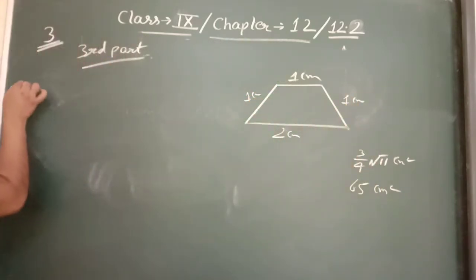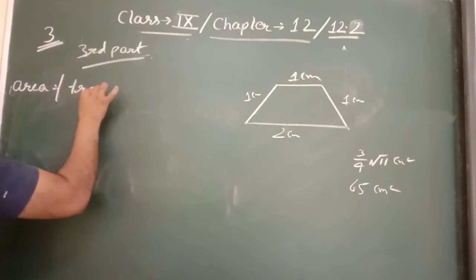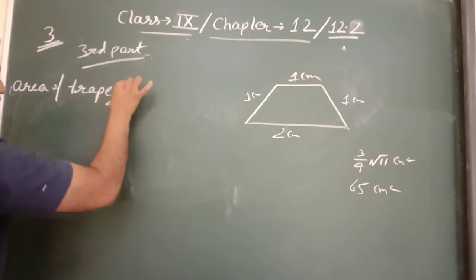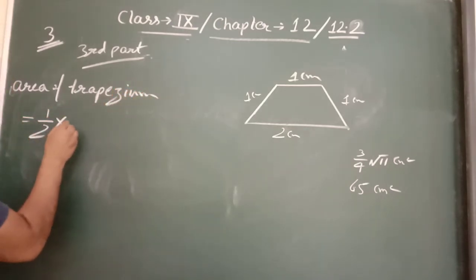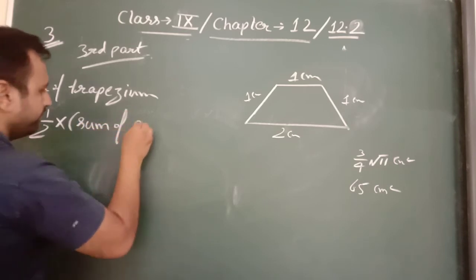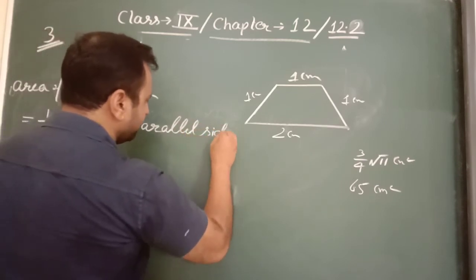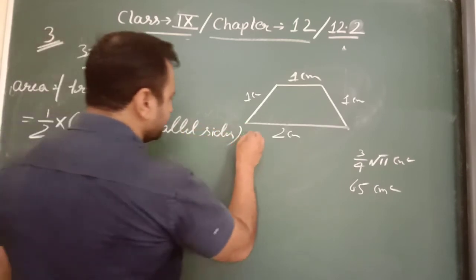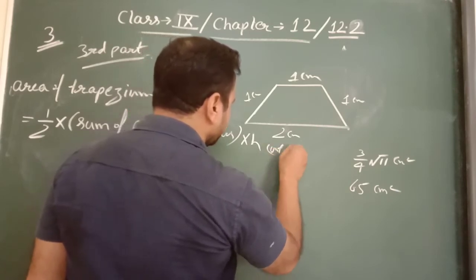What is the area of trapezium? Area of trapezium is equal to 1/2 multiply in the bracket sum of parallel sides into height unit square.